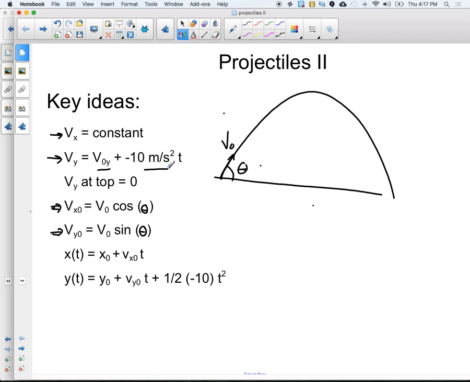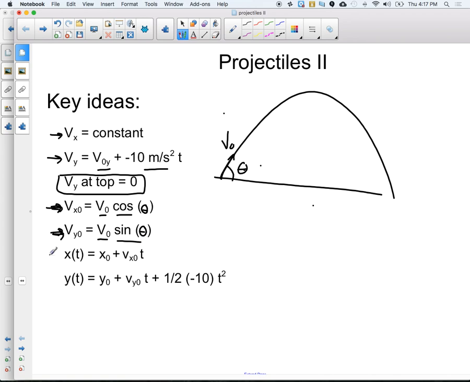The velocity in the y direction at the top is 0. The initial velocity in the x direction is v0 cosine of the angle, and the initial velocity in the y direction is v0 times the sine of the angle.